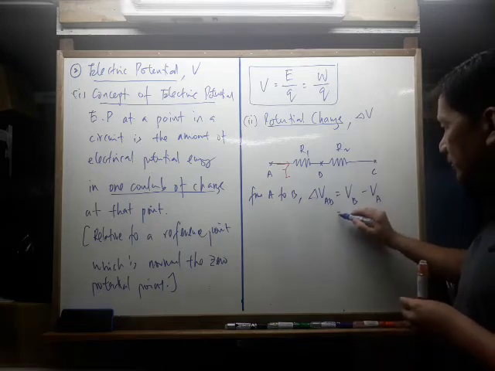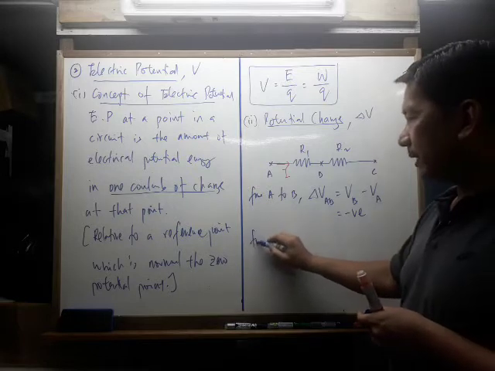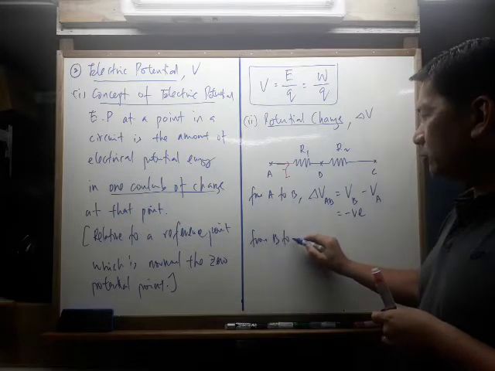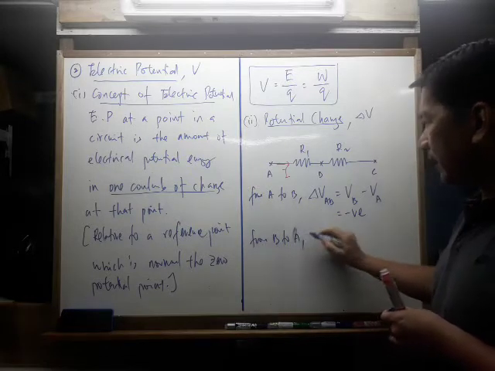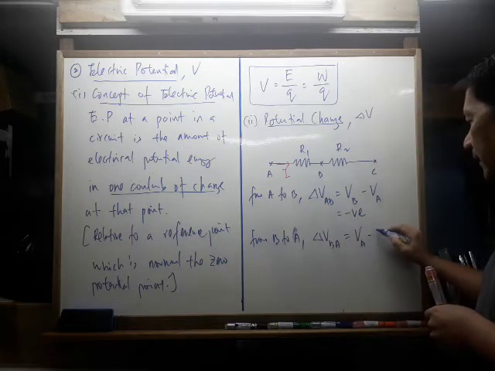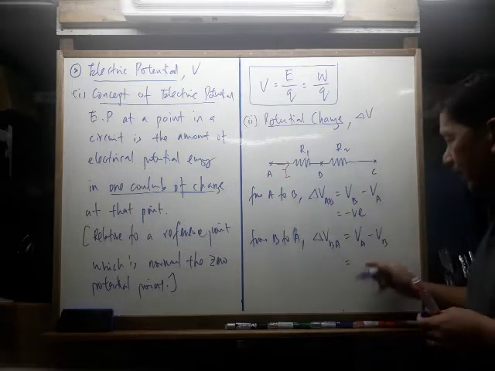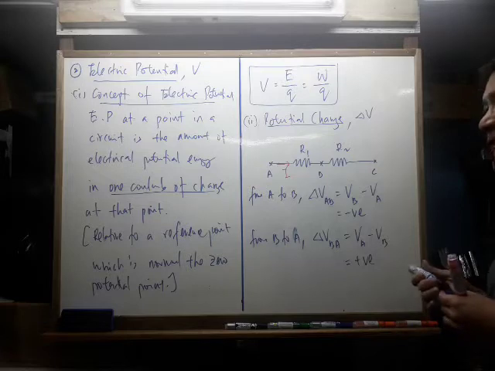So this change is negative. And in the reverse, from B to A, delta VBA will be VA minus VB, which is the reverse of delta VAB, and this one you're going to get a positive value.